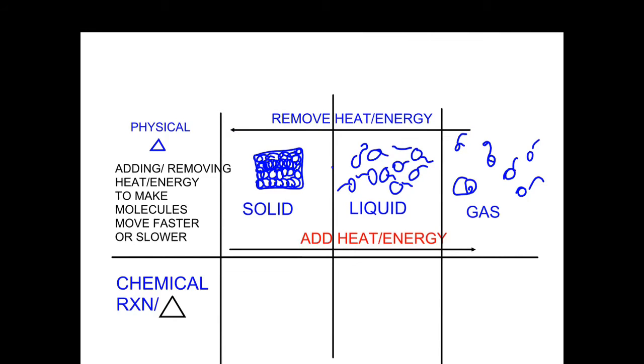Now let's focus a little bit on physical changes and the heat and energy that happens in those physical changes. In a physical change, we are adding or removing heat, adding or removing energy to make molecules move faster or slower. So by adding heat energy, a solid changes to a liquid and a liquid changes to a gas.